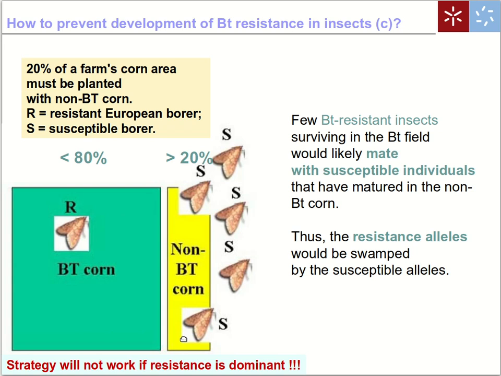But on the side you have non-BT crops, corn in this case, where you have a population of the same insect, but sensitive, because here no resistance is likely to evolve. This means that overall there will be a much larger population of the sensitive insects compared to the resistant, and by classical population genetics the resistant genotype will have a difficult time to establish itself in the population, because it would be dominated by the sensitive alleles.